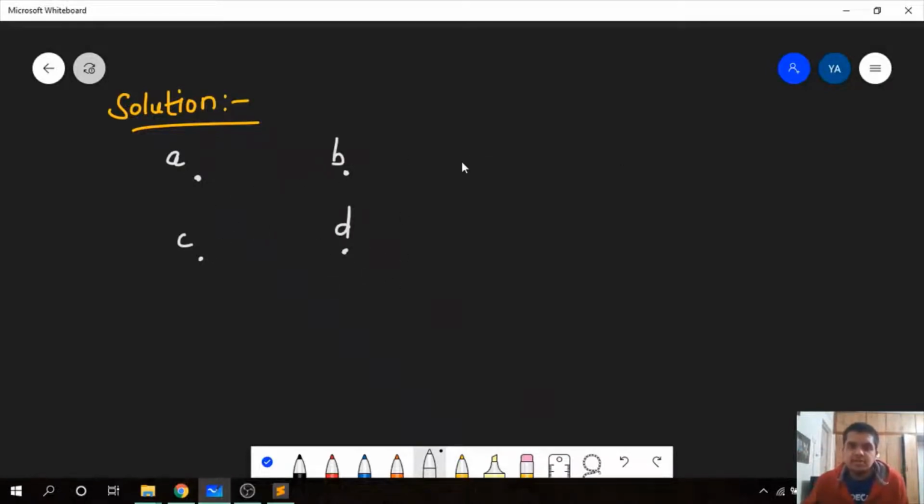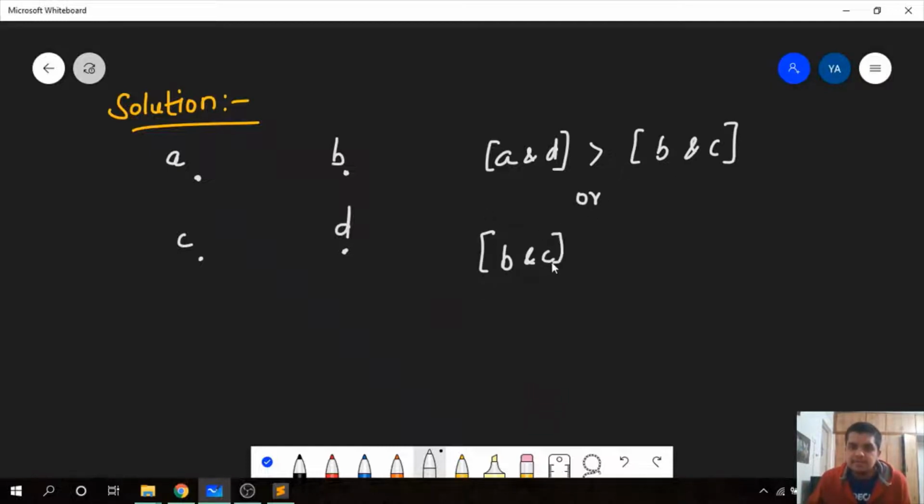Okay, so basically a sweet rectangle can be one of two types: A and D greater than B and C, or B and C greater than A and D. So basically over here, let us see how these heights will look if we sort them in ascending order or, say, descending order.